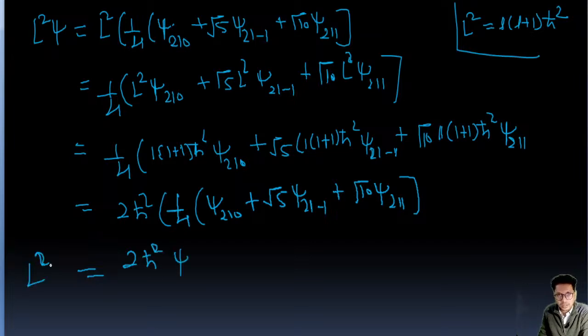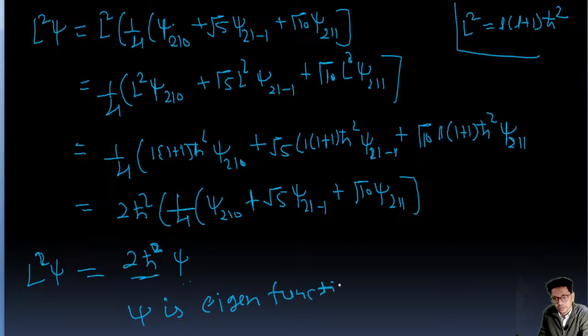So L square psi is a constant times psi, right? It means psi is an eigenfunction of L square.